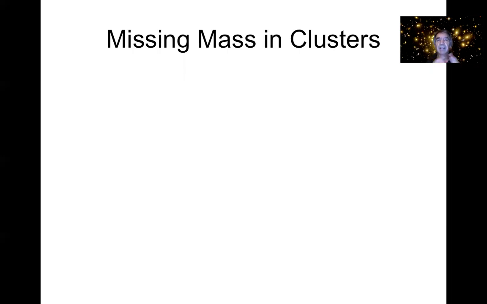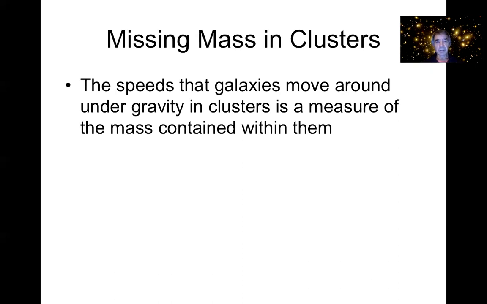So now we want to go up in scale again to clusters of galaxies. And we get the same problem, in fact even worse, here. So, same idea. You've got a cluster of galaxies like the one in the background picture here. There's a center of mass, effectively, in a cluster of galaxies, and all the individual galaxies are moving around under the gravitational influence of all the mass within that cluster.